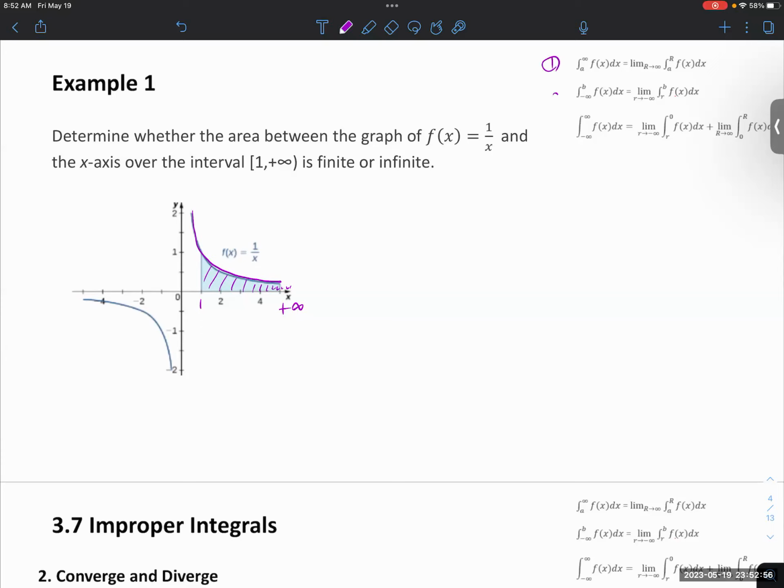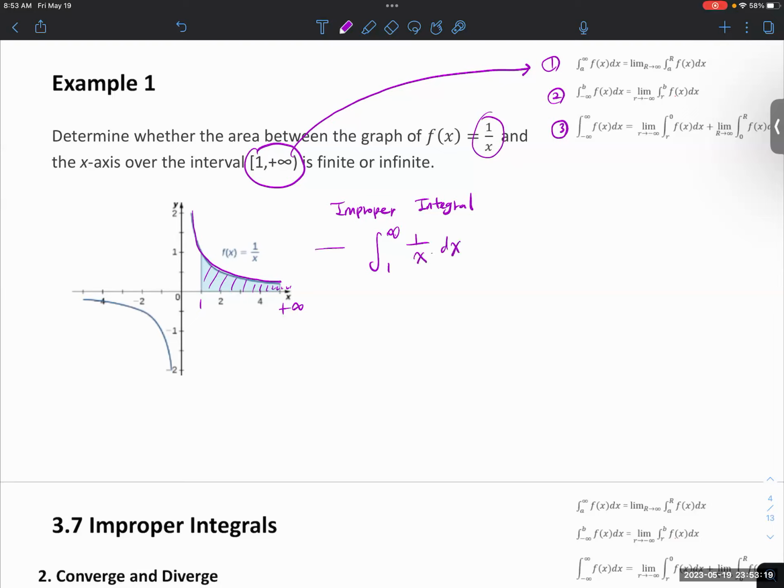So we have the three scenarios, and this interval matches with number 1. Am I correct? So you can rewrite it. This is an improper integral. So you can write it from 1 to positive infinity of the function 1 over x dx. That's what we are looking for, that area.